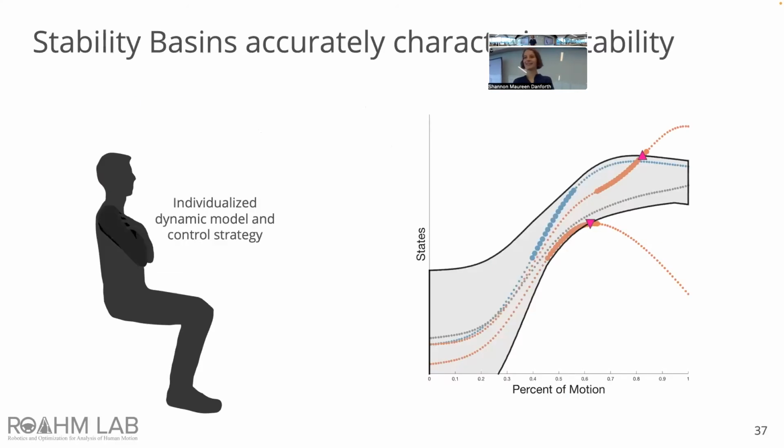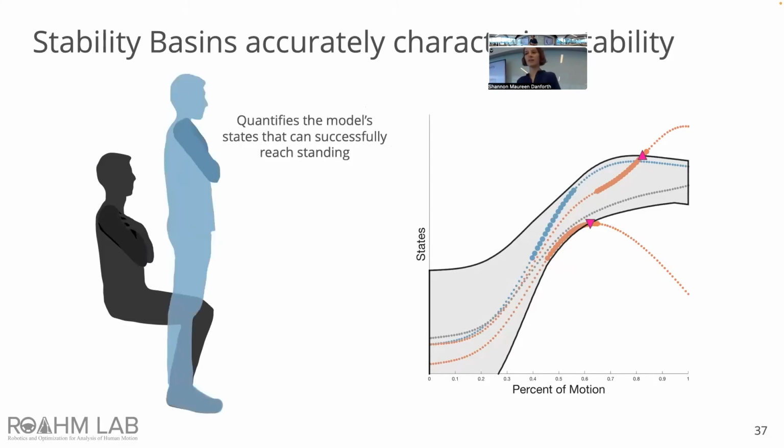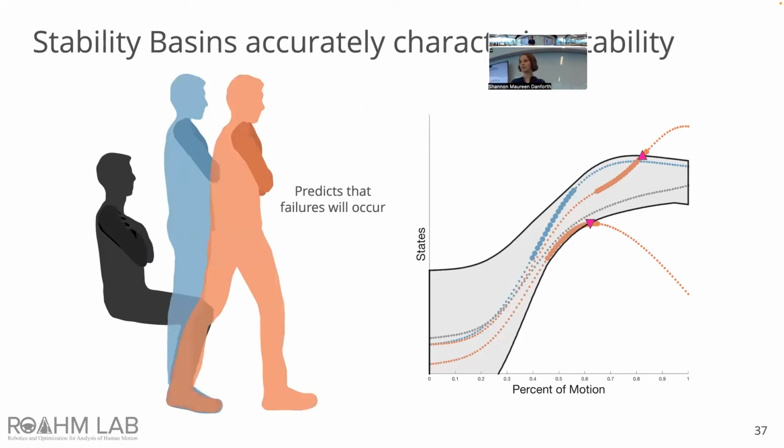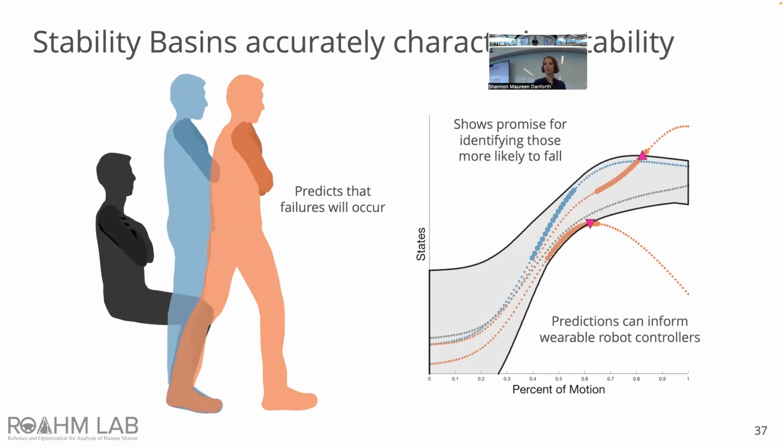So in summary, stability basins use an individualized dynamic model and control strategy and quantify the model states that can successfully reach standing or predict when failures will occur. And so stability basins show promise for identifying those most likely to fall by accurately characterizing our stable region during sit-to-stand.